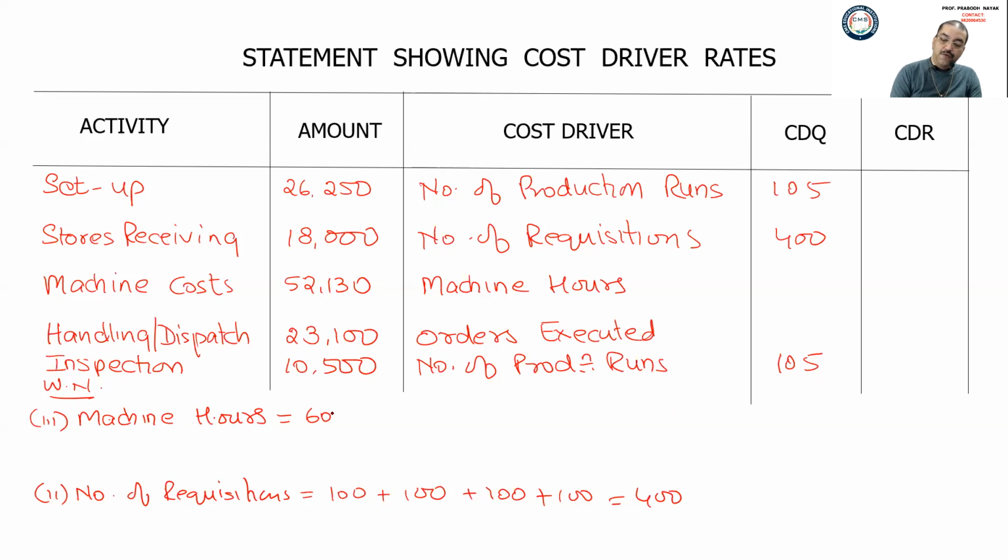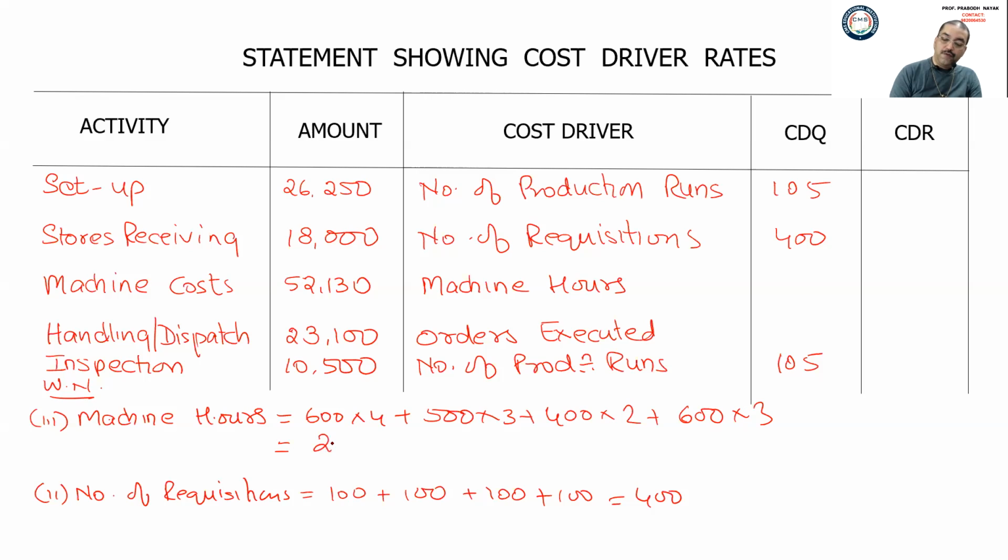So 600 into 4 plus 500 into 3 plus 400 into 2 plus 600 into 3.